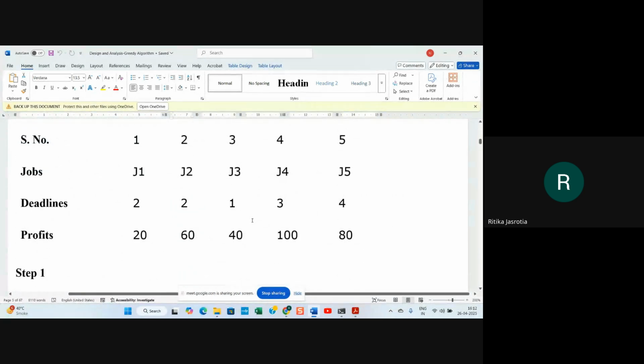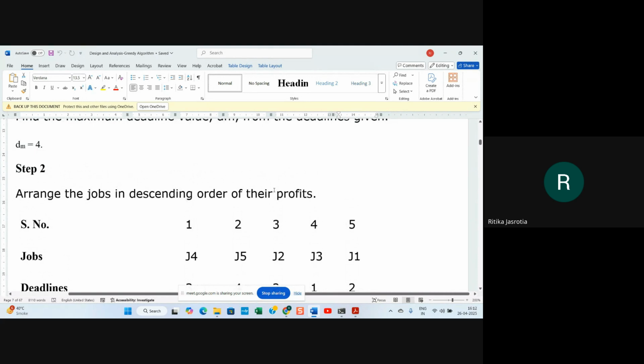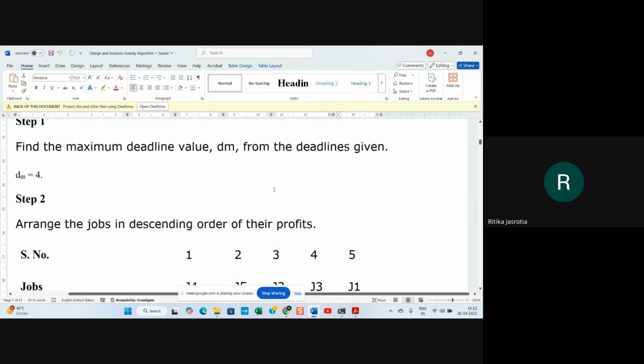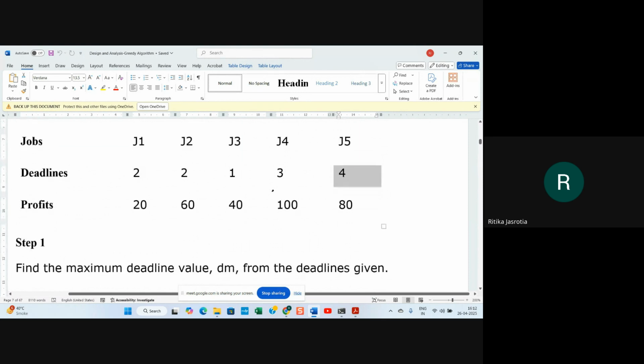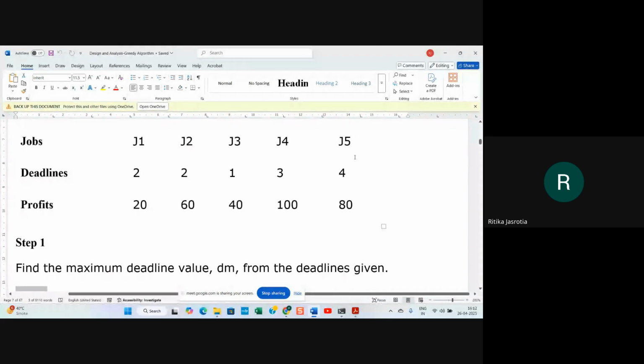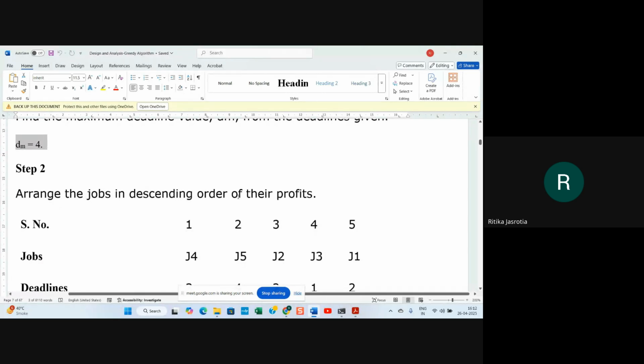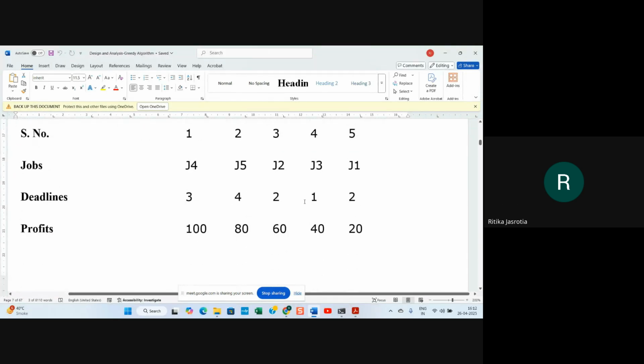So maximum deadline value is this one, J5. Find the maximum deadline value from the deadline jobs. So the maximum value DM is 4. Deadline value is 4. So arrange the jobs in descending order of their profits now.